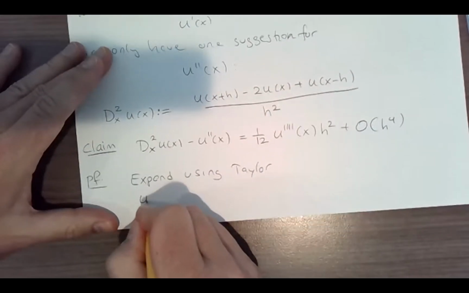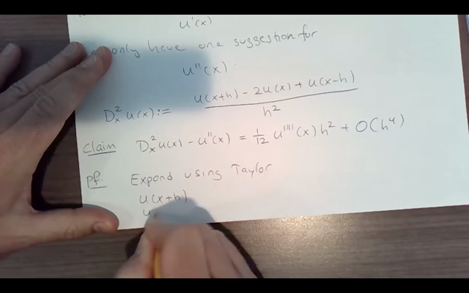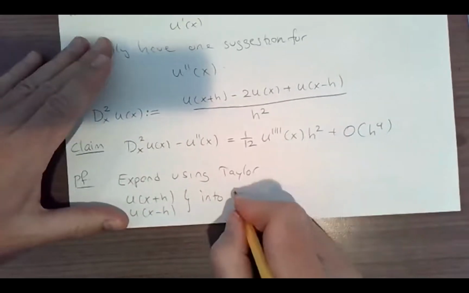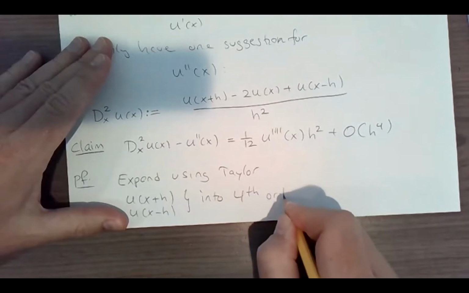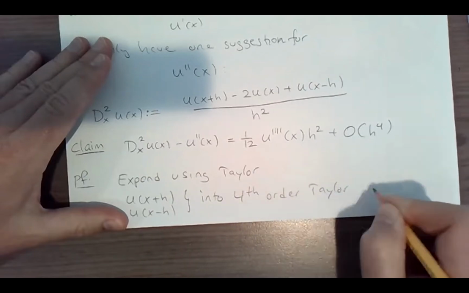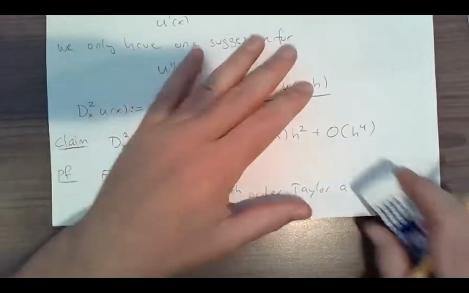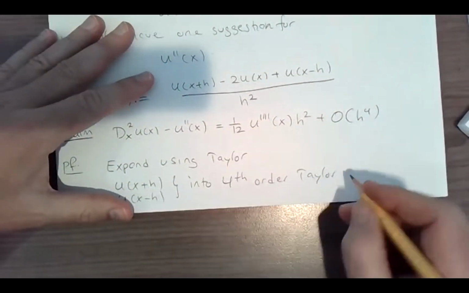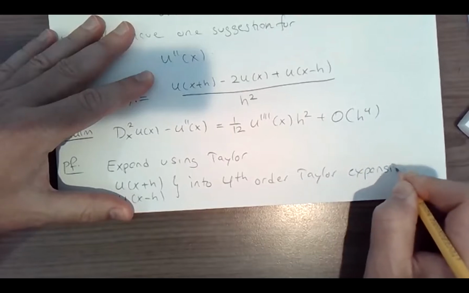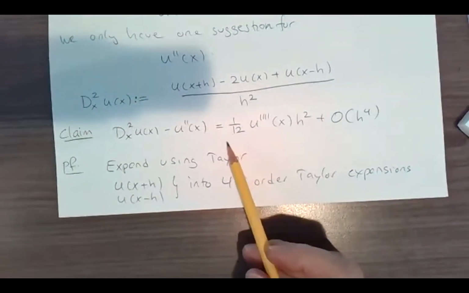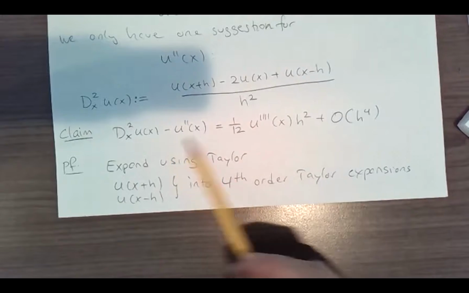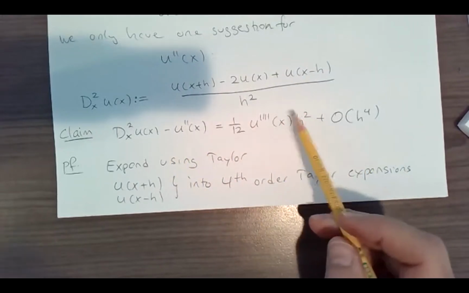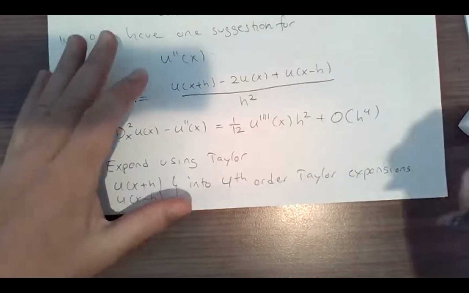You're going to expand two things, you're going to expand this one and this one into fourth order Taylor expansions. And then you're going to get this difference here. And so you can see the lowest order here, this is the second order, it's h squared.